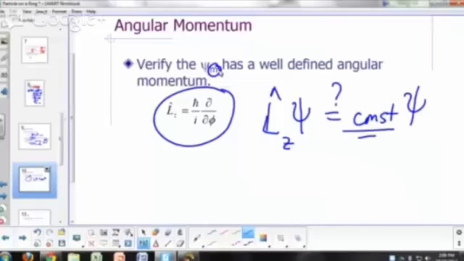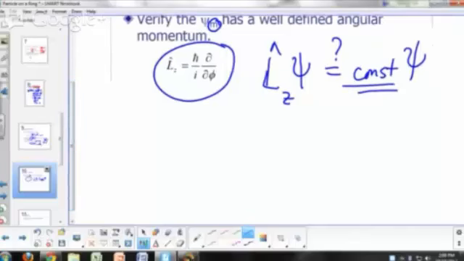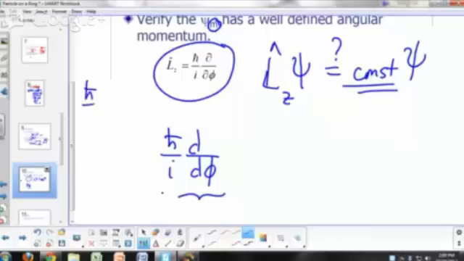Do I get back a constant? Let's see. What's Lz? h bar over i d by d phi. Notice the similarity between this operator and the linear momentum operator, which was h bar over i d by dx. So this is the angular momentum operator, z component.